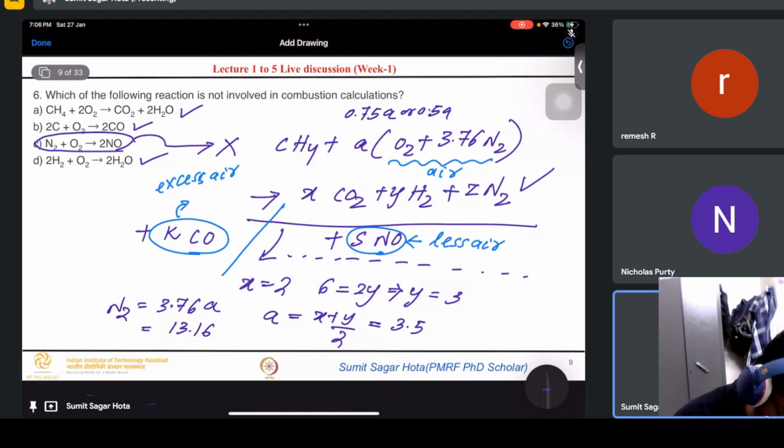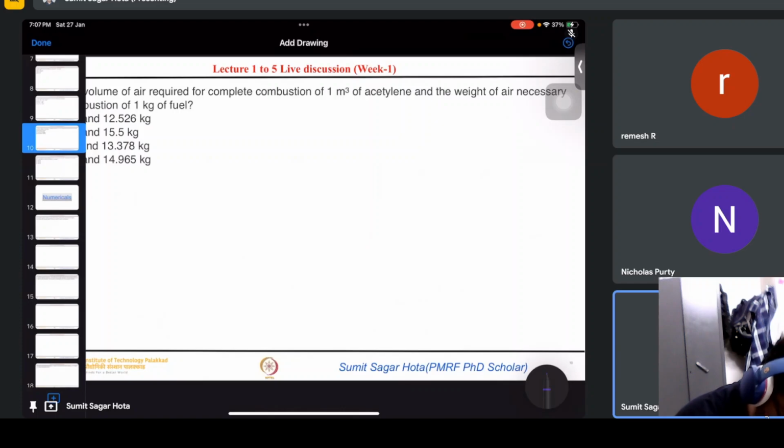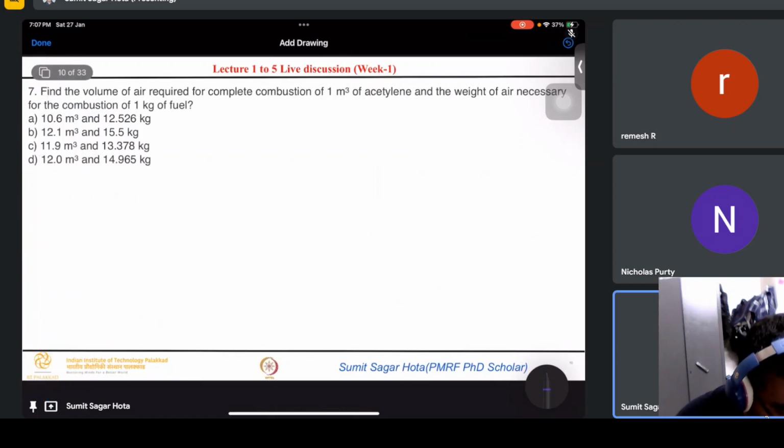If the question asks which of the following is the elementary reaction, then the answer will obviously be this, because the other is not the reaction. Don't confuse global reaction and elementary reaction; we will cover all these things next.